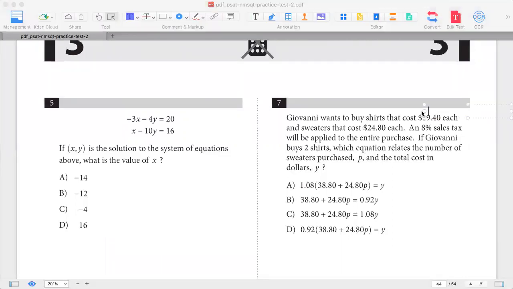Let me write it here: 2 shirts cost 2 multiplied by 19.40, which is equal to 38.80.